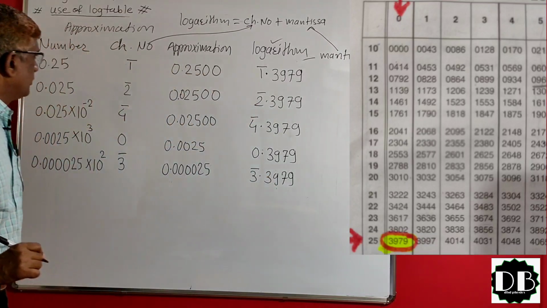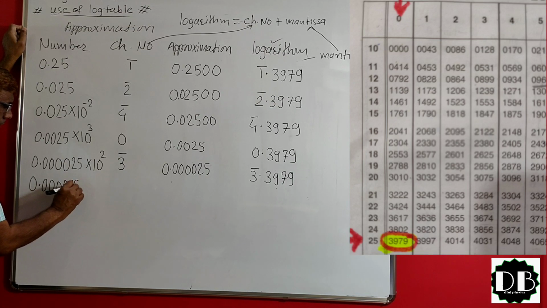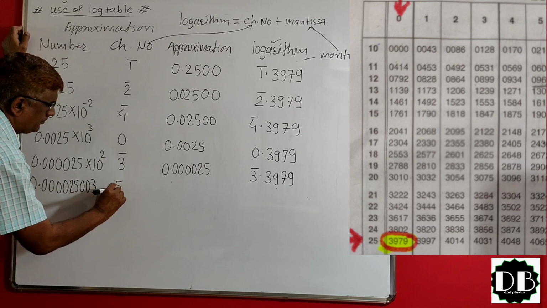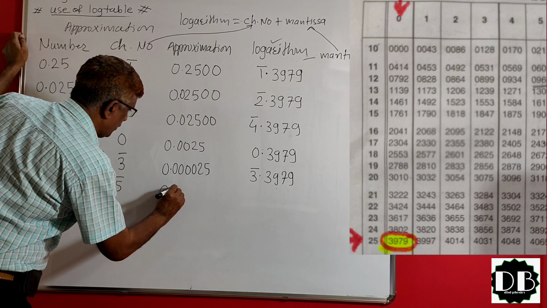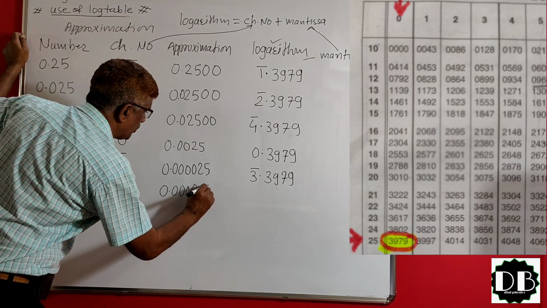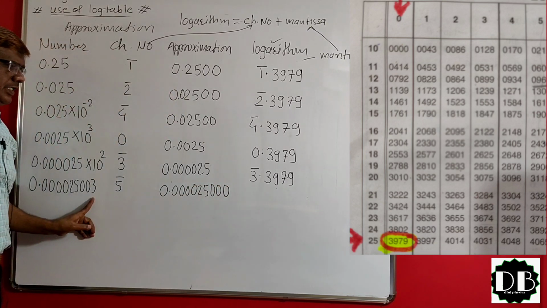Suppose that one more number we have, 0.00002500. Here character number is bar 5. Approximation: meaningful numbers start from 2 to 5. Now 25.